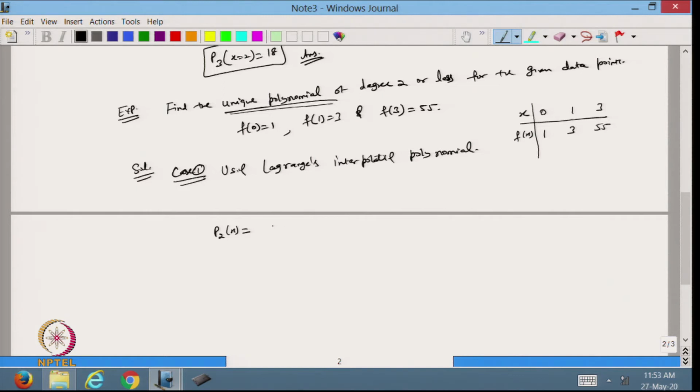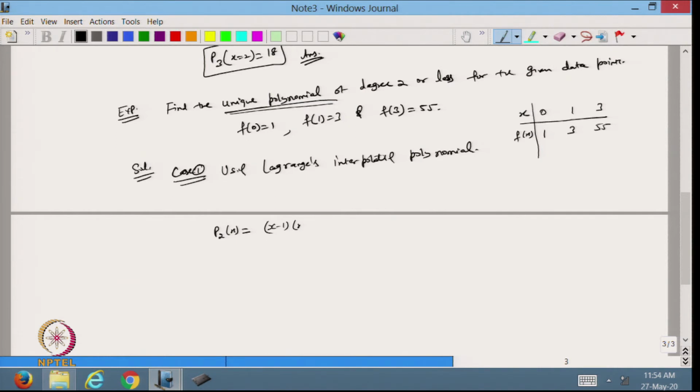Now, I will write the expression from here. So, it is (x minus 1)(x minus 3) divided by (0 minus 1)(0 minus 3) into 1, plus (x minus 0)(x minus 3) divided by (1 minus 0)(1 minus 3) into 3, plus (x minus 0)(x minus 1) divided by (3 minus 0)(3 minus 1) into 55.